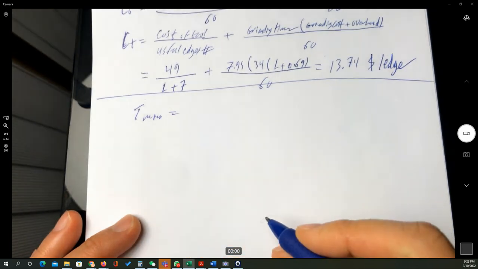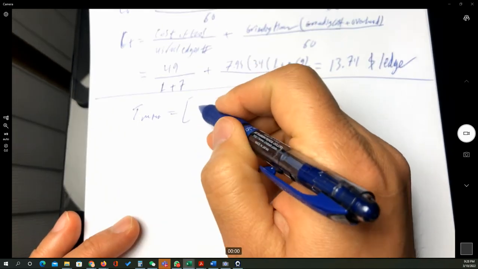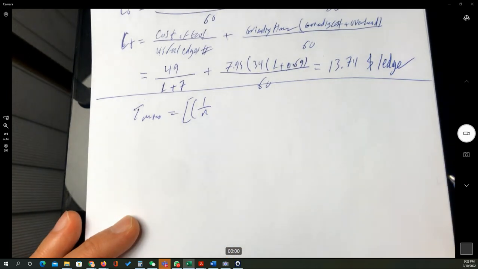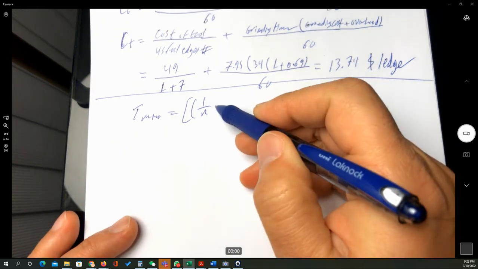After I find out the CO and the CT, the T minimum is going to be equal to, open the bracket, 1 over n. The n is actually going to be equal to, just let me check that on the Excel sheet, 0.48 in the case of the high-speed steel. Once again, I only need to go for the high-speed steel.